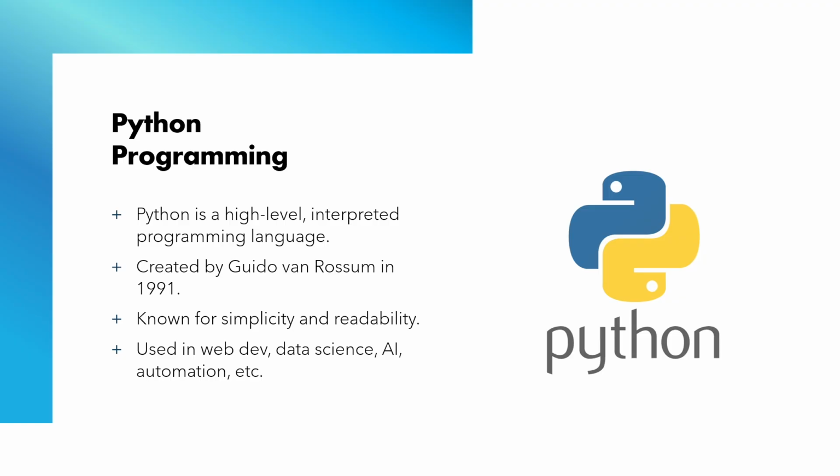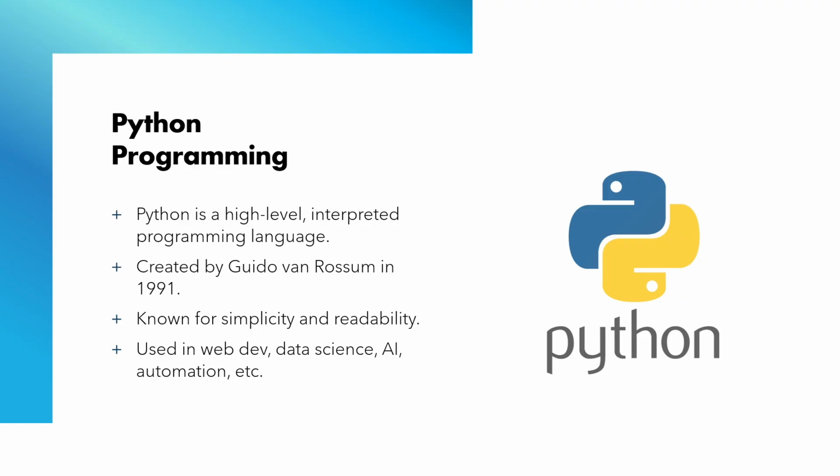We have what we call the interpreted languages and the compiled languages, and Python falls under the interpreted programming languages. Python was created around 1991 by Guido van Rossum, and Python is known for simplicity and readability. And perhaps this is the reason for the popularity of Python as a programming language. Python is used for a whole lot of things, including web development, data science, automation, and so many other things.